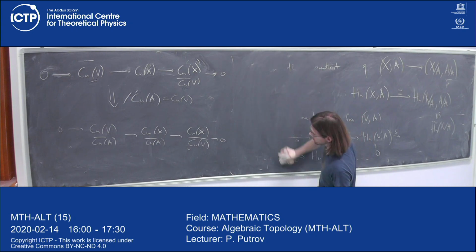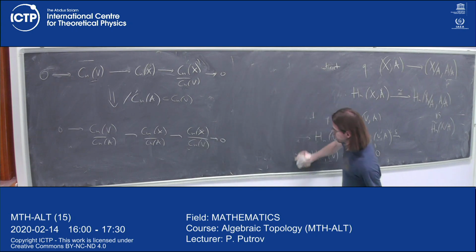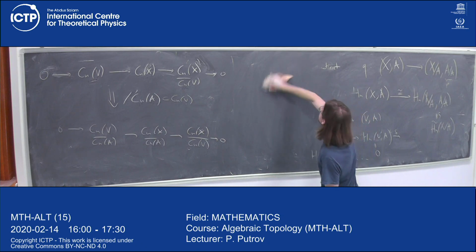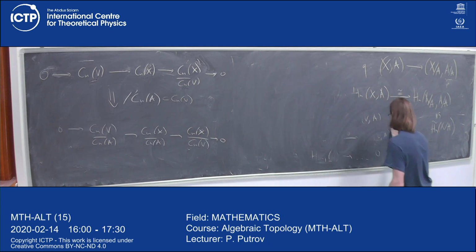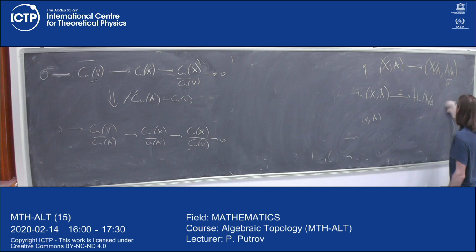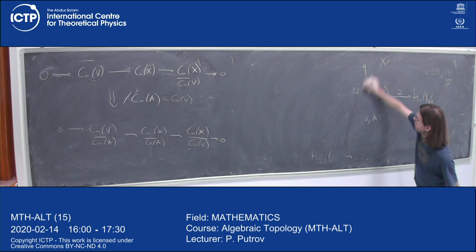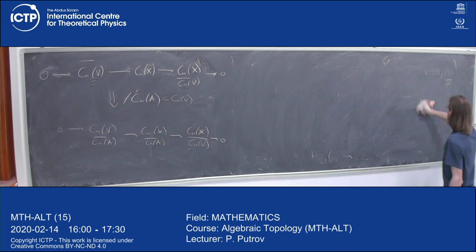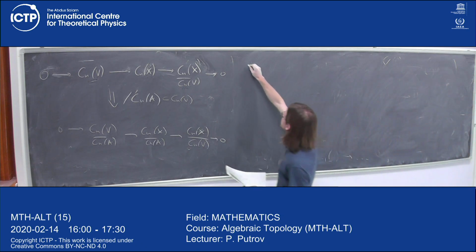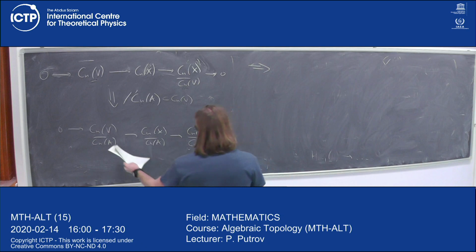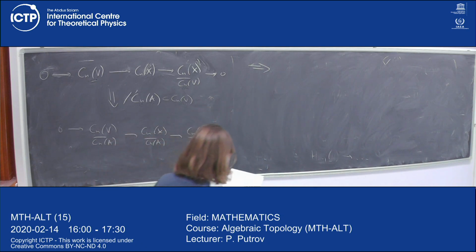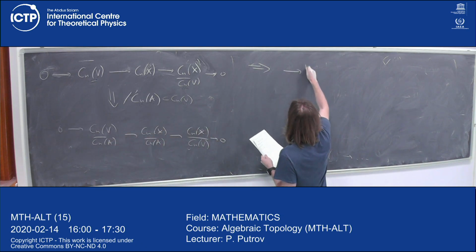Okay, so I have a short exact sequence of these chain complexes, and by the general theorem, there will be an induced long exact sequence of the corresponding homologies, which will look like this.